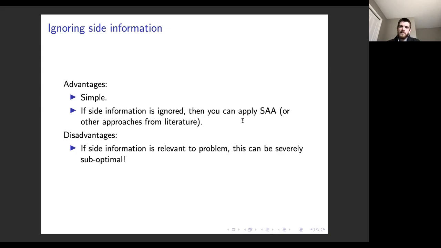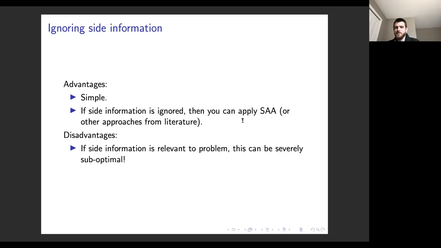So ignoring side information has basically one advantage, which is that it's easy. All you do is you just throw out your side information, and then you just treat your problem like a traditional optimization problem under uncertainty. And you can apply sample average approximation, or any number of approaches from the literature.